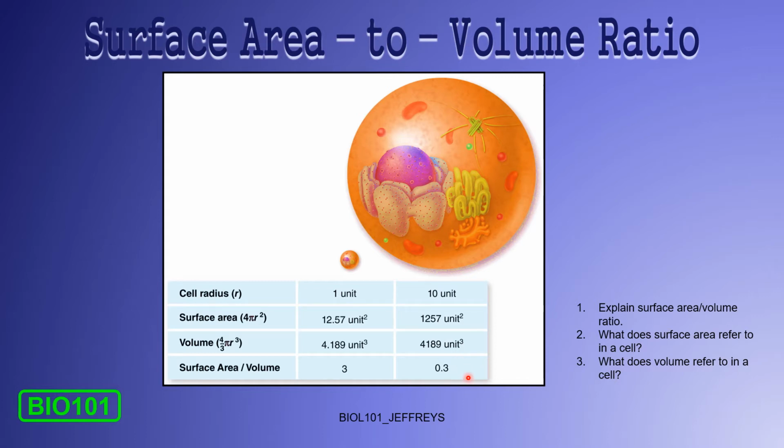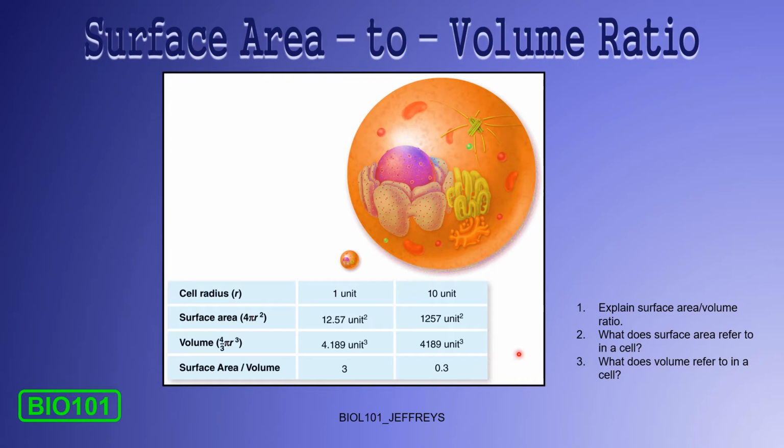It drops dramatically to 0.3. So a small cell with a radius of 1 has a larger surface area to volume ratio than a large cell that is 10 times bigger, which only has a surface area to volume ratio of 0.3.